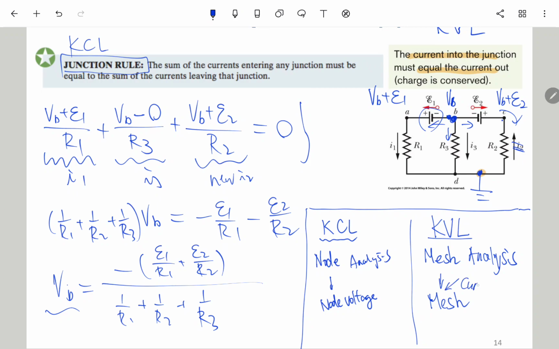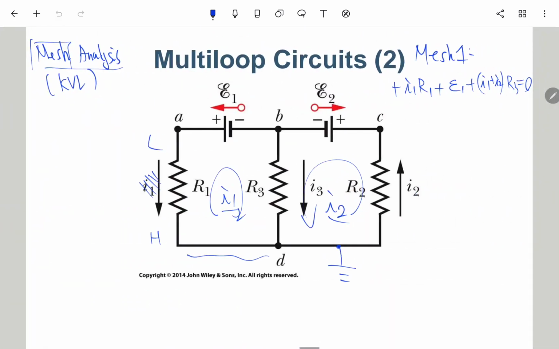So this is the first mesh equation. For the second one, let's say we start from here. Also this is high, this is low, so we have I2 R2 with a plus sign. Then from point C to point B, this is also high, also low, so we have a plus E2, and also this one, I1 plus I2 times R3, equals 0.